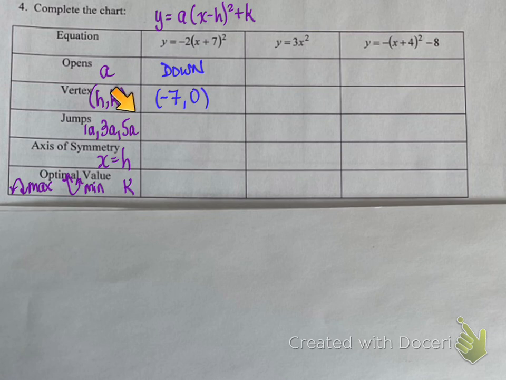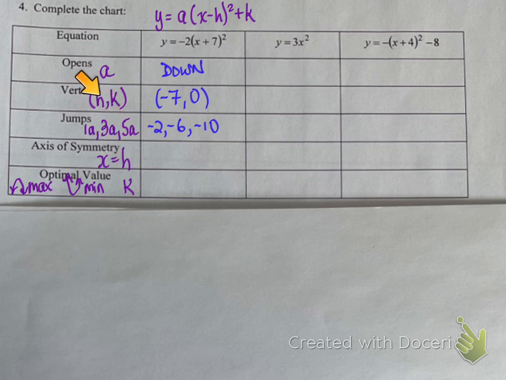Our jumps are always 1 times a, 3 times a, 5 times a. My a value is -2, so it's going to be -2, -6, and -10.